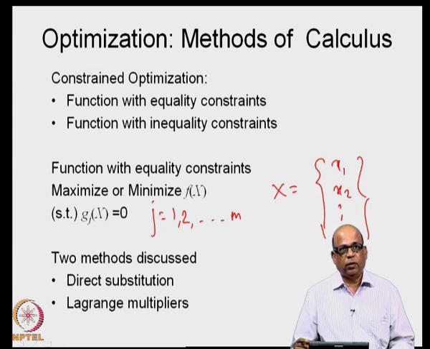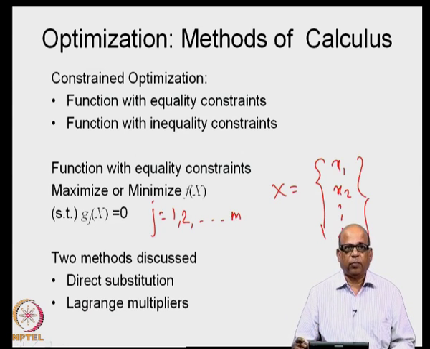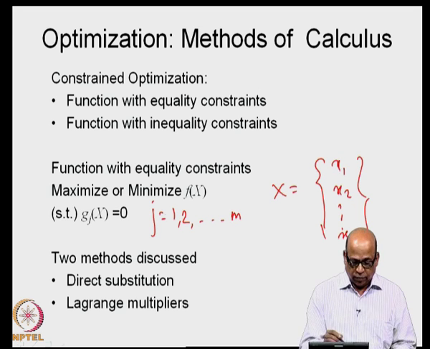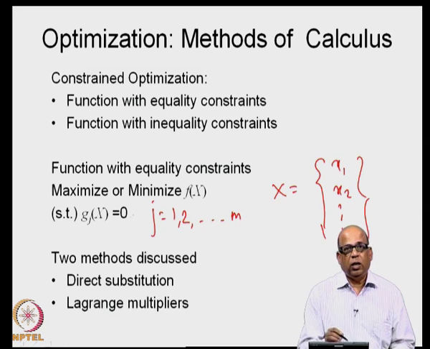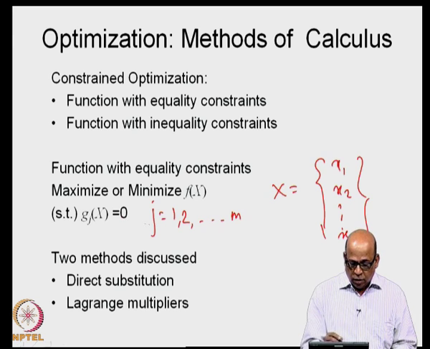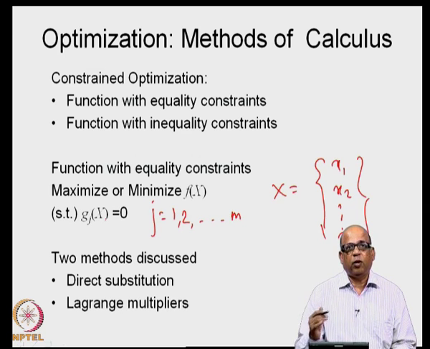Now, in this general problem, we will discuss two simple methods. One is direct substitution, another is the method of Lagrange multipliers. In the direct substitution, what we do is, let us say you have m number of constraints. Because they are all equality constraints, it is possible for you to express m number of variables in terms of the remaining n minus m number of variables. There are n number of variables, there are m constraints.